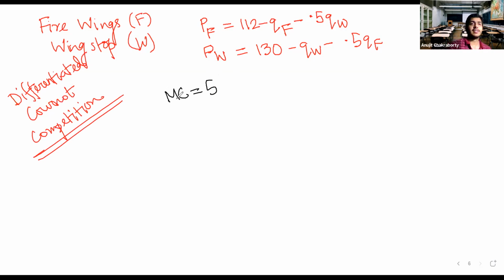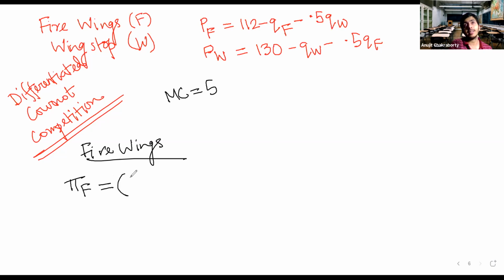Well, let's think about Fire Wings' problem. What Fire Wings thinks about is his or her own profit. So pi F is going to be the price. The price is 112 minus QF minus 0.5 QW.